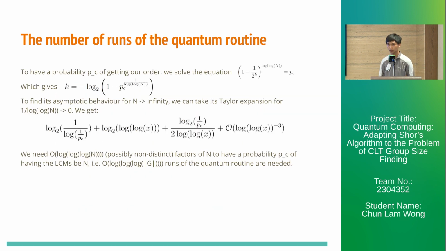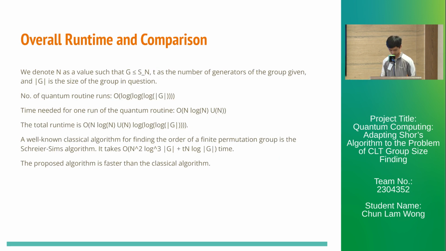Now to get a probability p_c of actually finding our order, we can equate this to p_c and solve for k. And we take the Taylor expansion of it as log n tends to 0, and we get this. The dominant term is log n. And so we multiply these two together to get the final runtime.